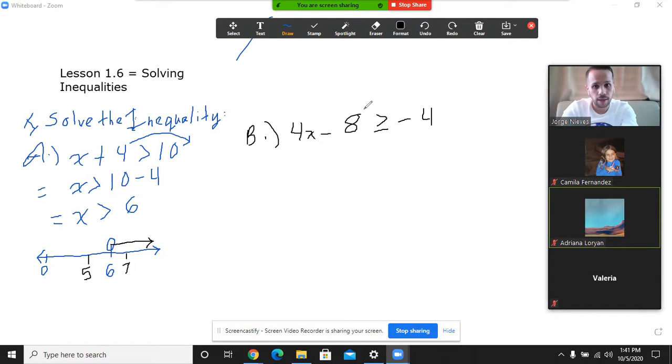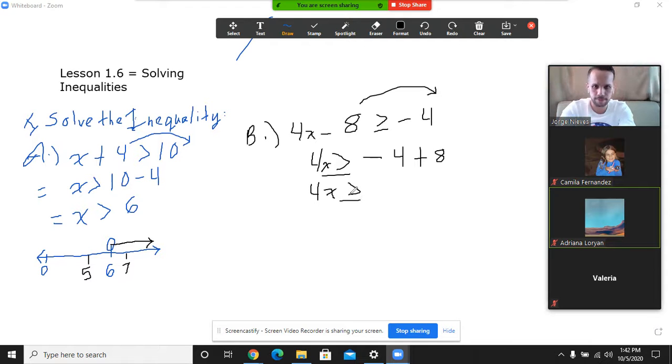I'm going to leave the 4x to the left, so I'm going to move the negative 8 to the right, which is the same as adding 8. So it's going to be 4x greater or equal to negative 4 plus 8. ¿Y cuál sería la respuesta de negative 4 plus 8?